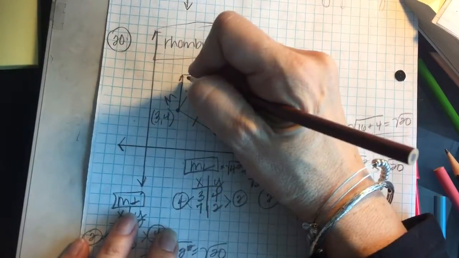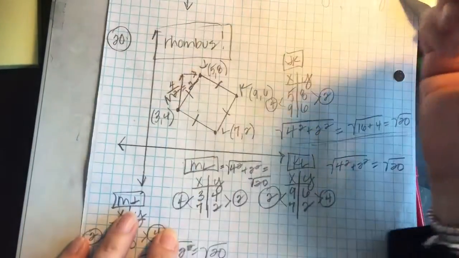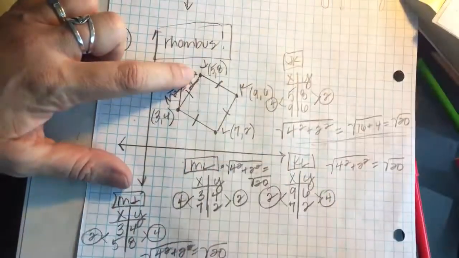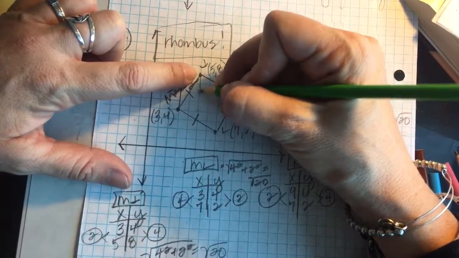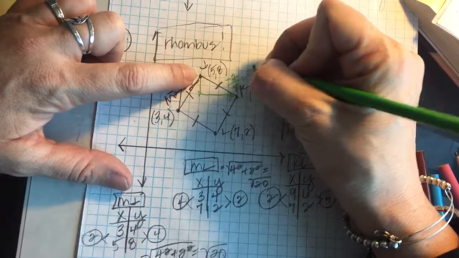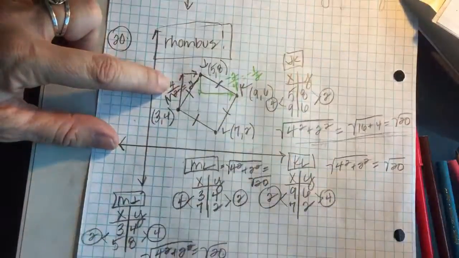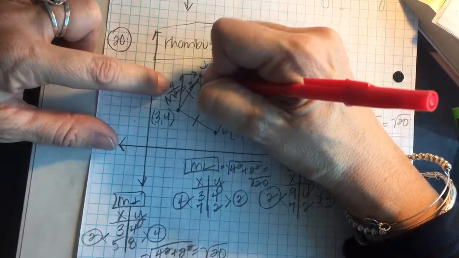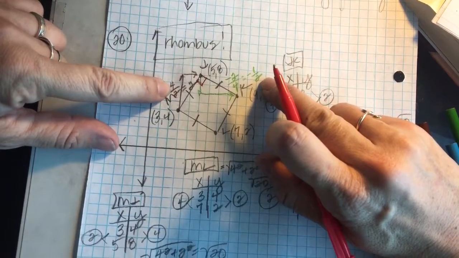M to J, up 4, right 2, reduces to 2. J to K's slope. To get from J to K, I have to go down 2, right 4. Down 2, right 4 reduces to negative 1/2. Those two are opposite reciprocals. That allows me to show a right angle here. Perpendicular lines have slopes that are opposite reciprocals.